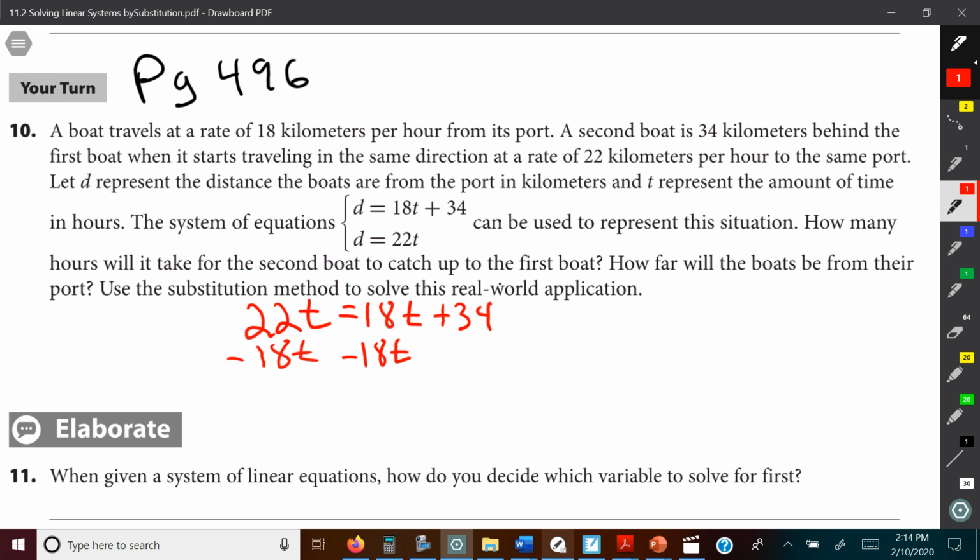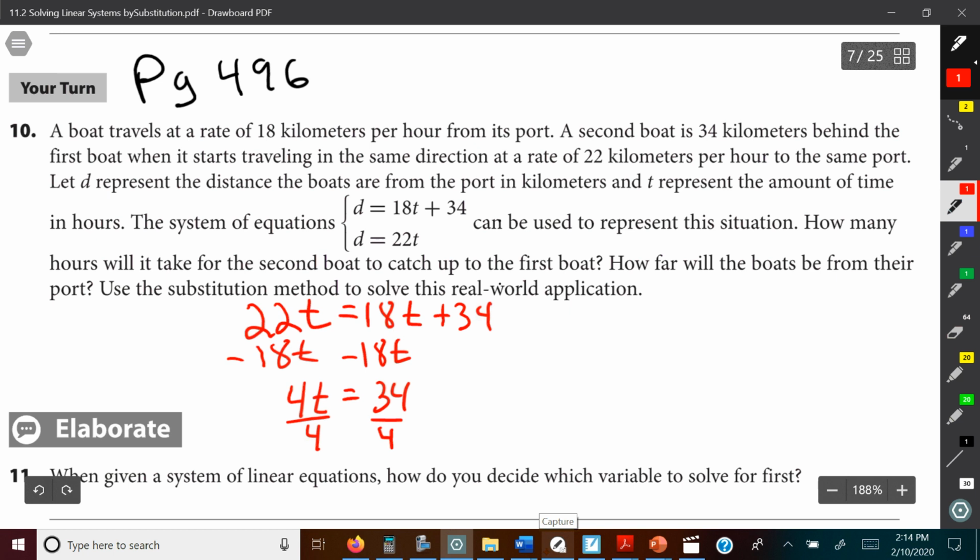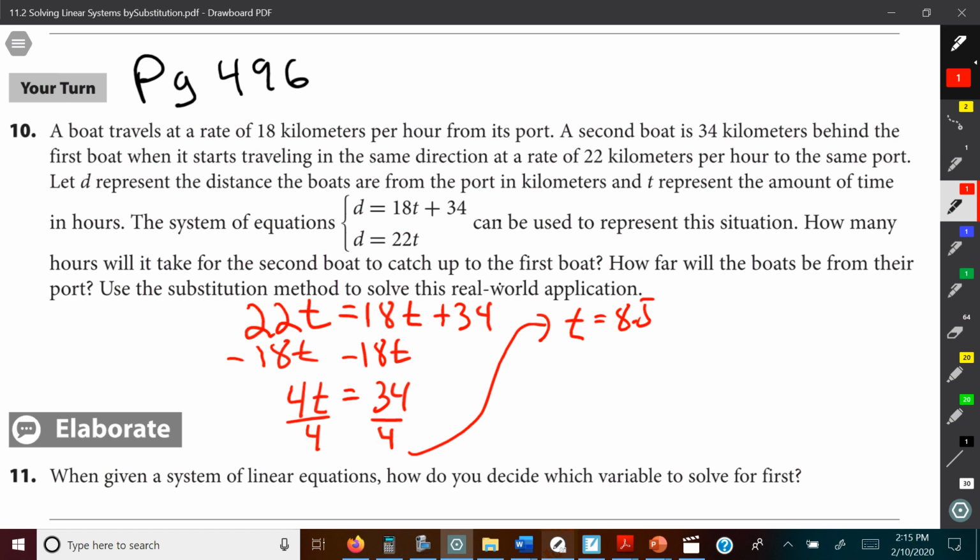That's going to give me 4T is equal to 34. And then you divide by 4, and I'm going to write it over here. T is equal to 8.5. So it's going to take 8.5 hours for the faster boat to catch up with the slower boat.